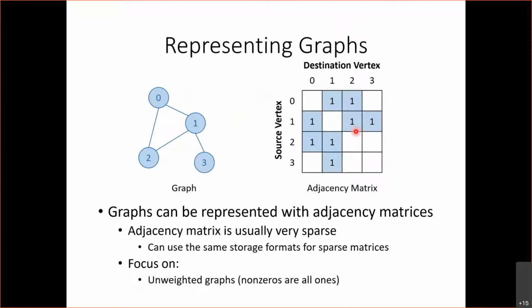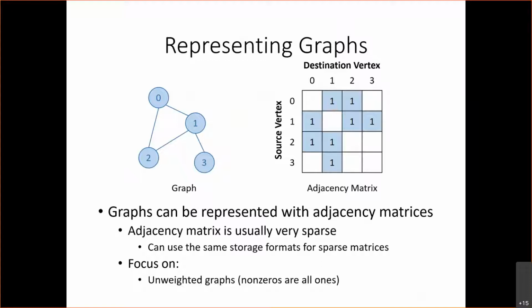If it's a non-zero, then it's a 1. So we're not going to store any values in our representation. If this was a weighted graph, then we would have needed to store some more values, so we would have needed somehow to represent them. But because we're focusing on unweighted graphs, we're just going to keep track of whether there is a non-zero or there isn't.